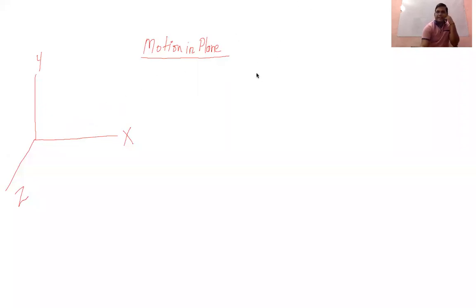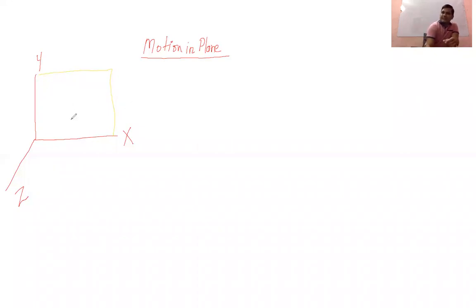When you take these two axes, let's say x and y, then this will form a plane. There will be motion in x and y axis both, means there will be change in position along x and along y axis simultaneously, then that will be known as your motion in plane.